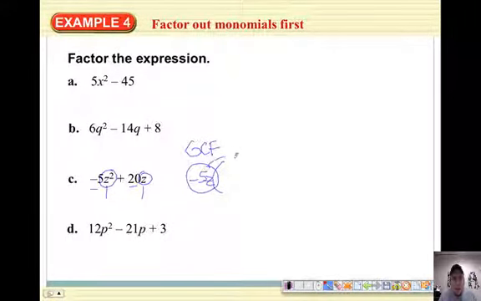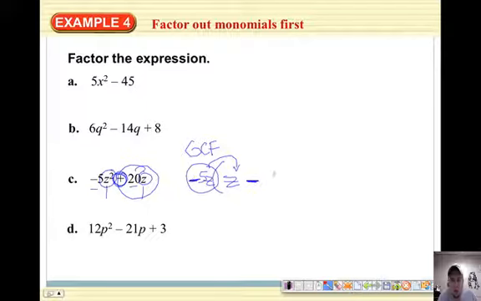Now negative 5z times something gives me negative 5z squared, which is just z. Now this is the tricky part. A lot of people see this plus and they want to put plus, but it's a negative out here, so if I put a negative here, negative times a negative gives me my positive. That's the common mistake. So negative 5z times what gives me positive 20, which is 4, not z, because it's already here.